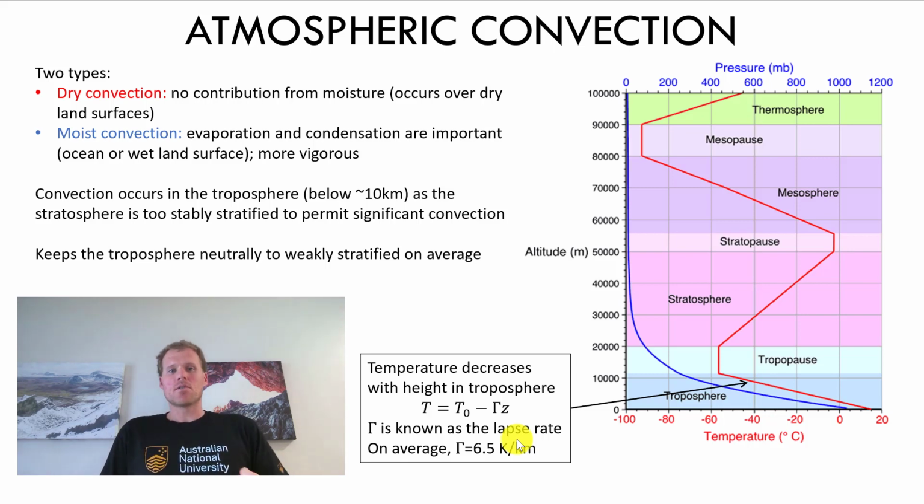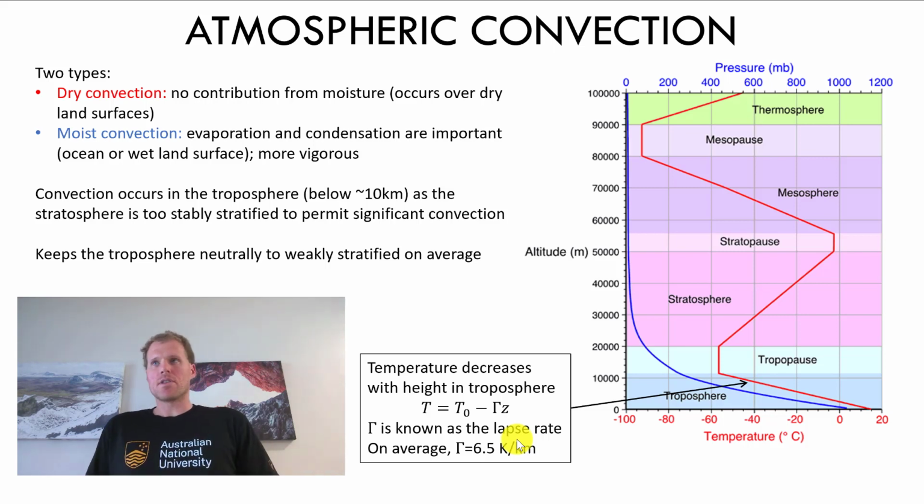But you might find this a little confusing because I've just told you that the convection keeps the troposphere around neutrally stratified. And yet I've also just said that the temperature decreases with height. So we have warmer stuff at the bottom and colder stuff above. And you might say, well, surely that's unstable if you have that situation. And the reason it's not unstable is because of the influence of pressure on temperature.